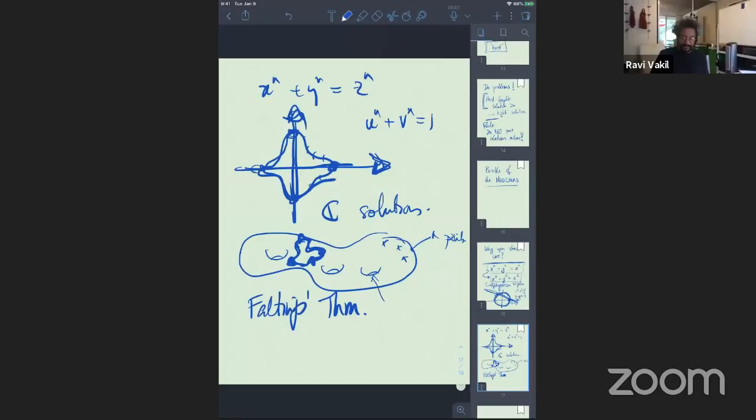And if there is more than one hole, if the genus is bigger than one, so this is something about geometry, it's about topology, then there are finitely many rational points. And that's just weird because these points are nowhere near the holes. They have nothing really seemingly to do with them.